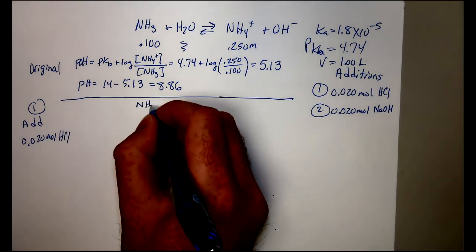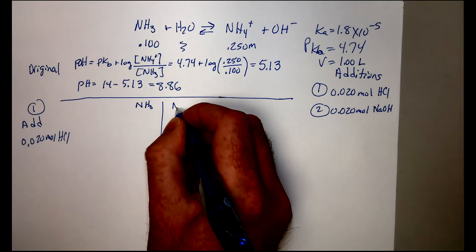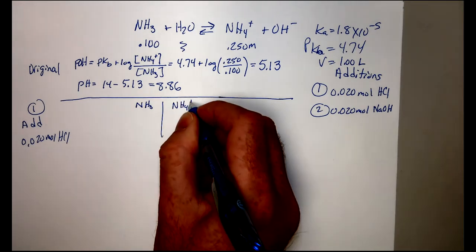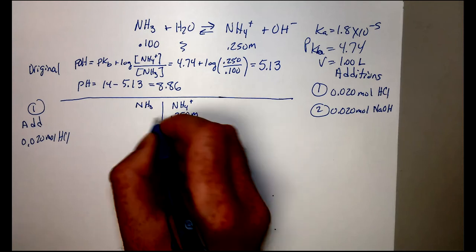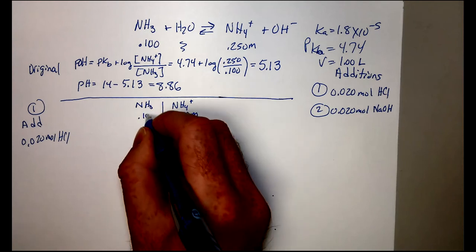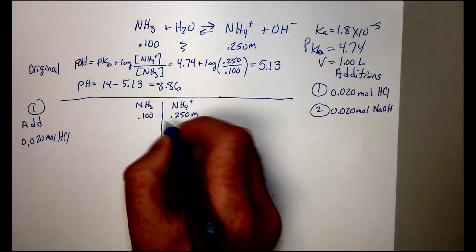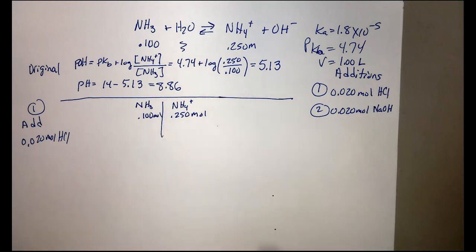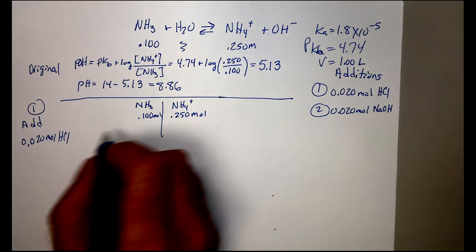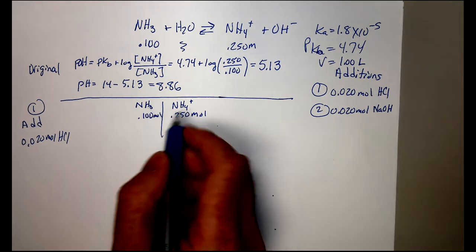So we got our ammonia versus our ammonium. So we got 0.250 molar, 0.10 molar. And since it's 1 liter, we're going to assume that those are moles since we got 1 liter of total solution. If we add acid, that's going to convert ammonia to ammonium.